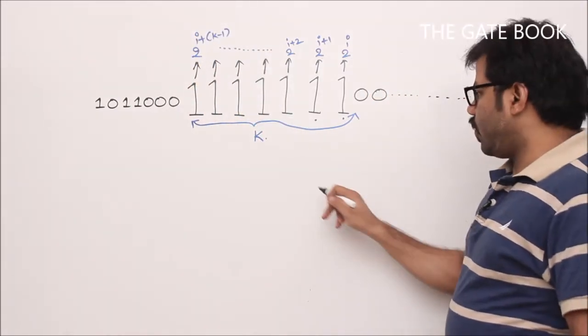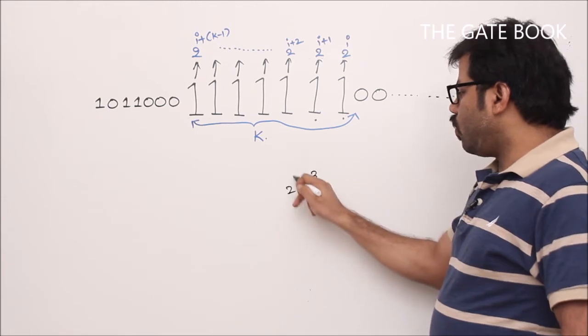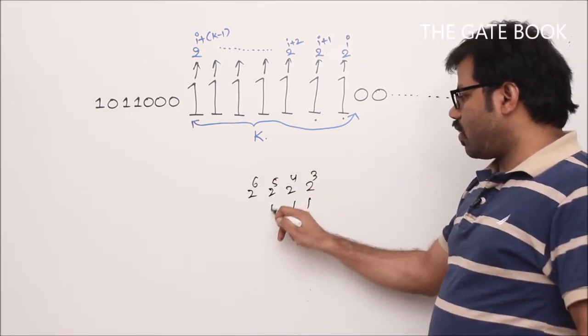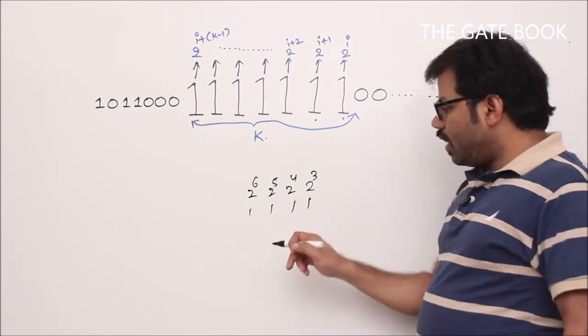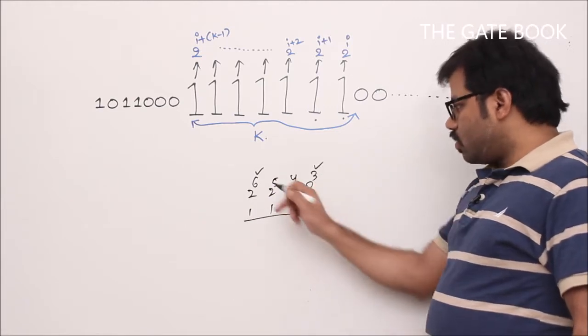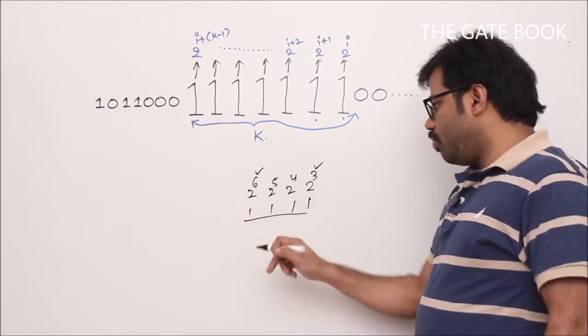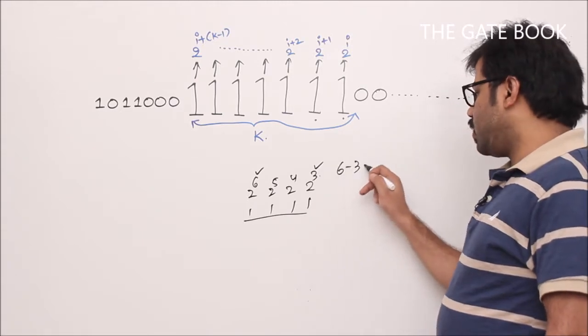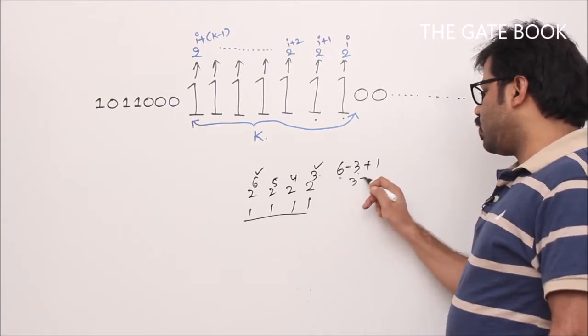Let me ask you one question. 2 cube, 2 power 4, 2 power 5, 2 power 6 are the weightages of four ones. Then how do you relate this number of ones with respect to 6 comma 3? Since these are consecutive numbers, how many numbers are there from 3 to 6? It is 6 minus 3 plus 1. 6 minus 3 is 3, plus 1 is 4.